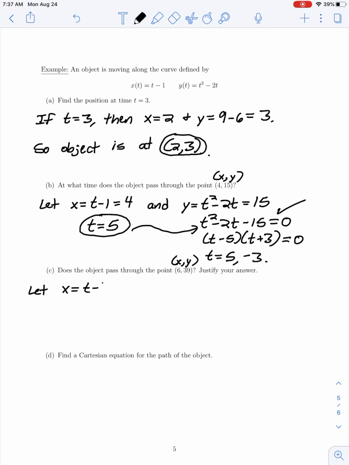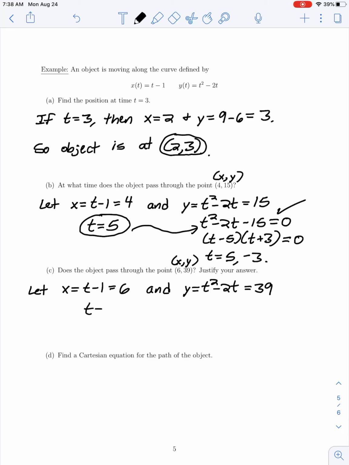So we're going to take x, which is t minus 1, and set it equal to 6. And we're going to take y, which was t squared minus 2t, and set it equal to 39.